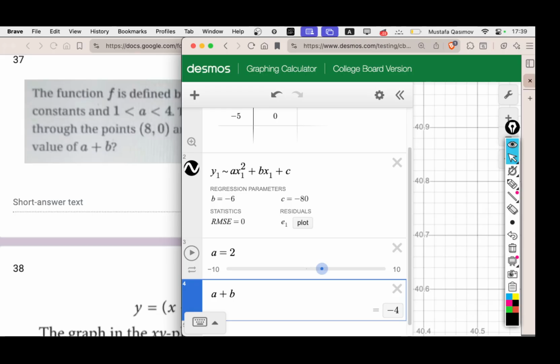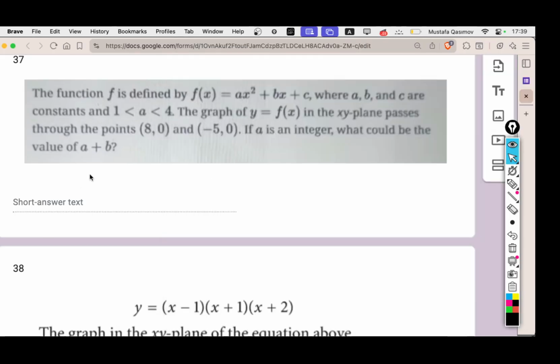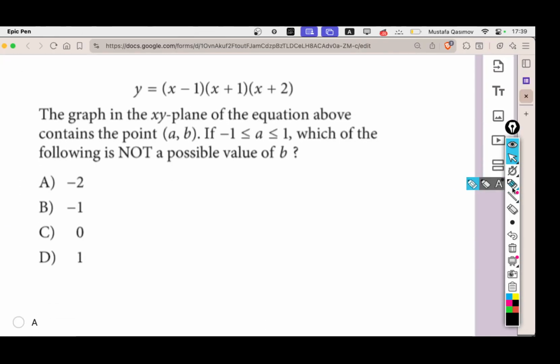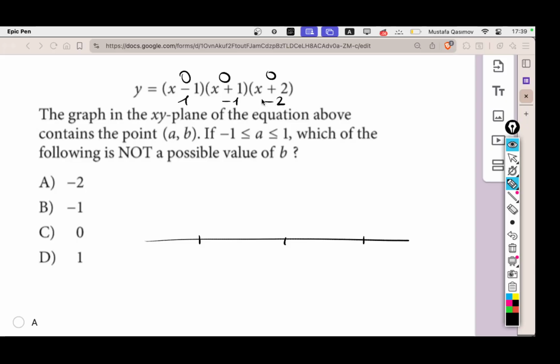No. Okay. 38. For 38, you have to understand the interval method. We didn't look at the interval method with you. Now I am explaining it. For the interval method, you have to make all of them equal to 0: 0, 0, and 0. 1, -1, -2.